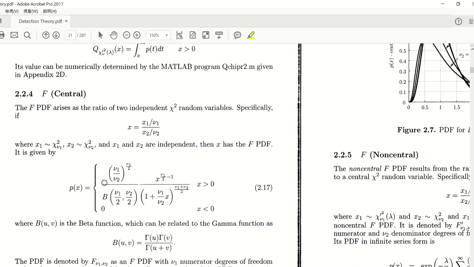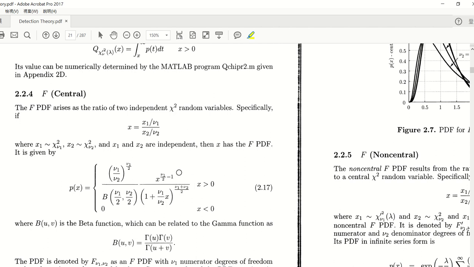And then the next thing is we take the ratio of this by a B function, which we will explain later. And then the other part is x to the power v1 divided by 2 minus 1, over 1 plus v1 divided by v2 times x, to the power v1 plus v2 over 2.